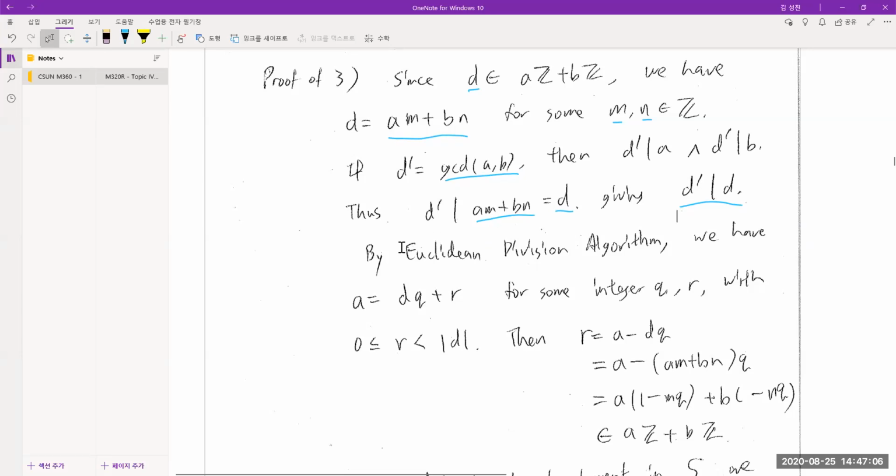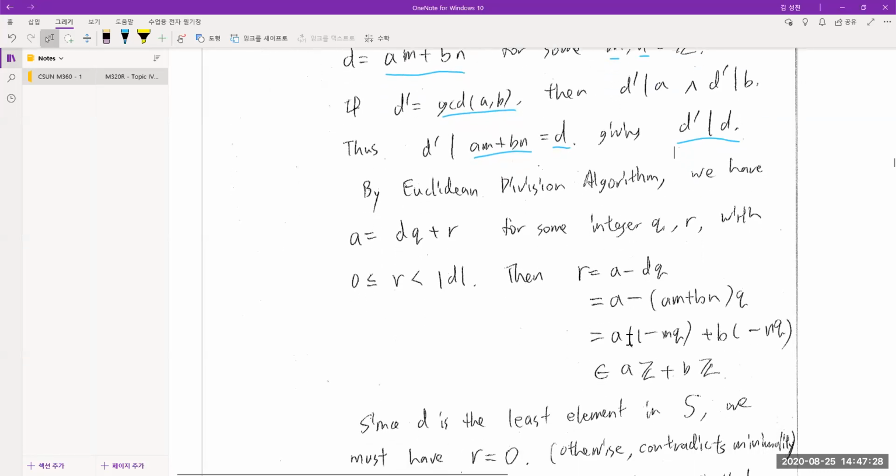divisibility. By the Euclidean division algorithm, we have A equals DQ plus R. We are applying the division algorithm for A and D. So we have a quotient Q and a remainder R. The remainder R must satisfy this inequality. Then we may write down the remainder R as A minus DQ.